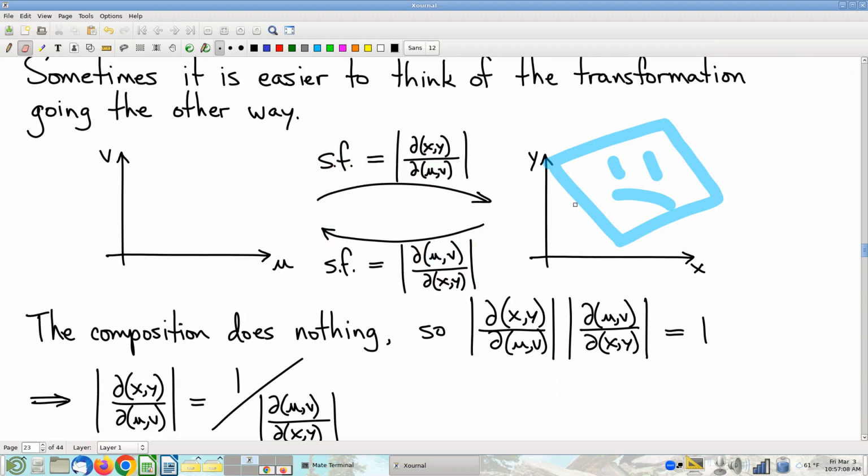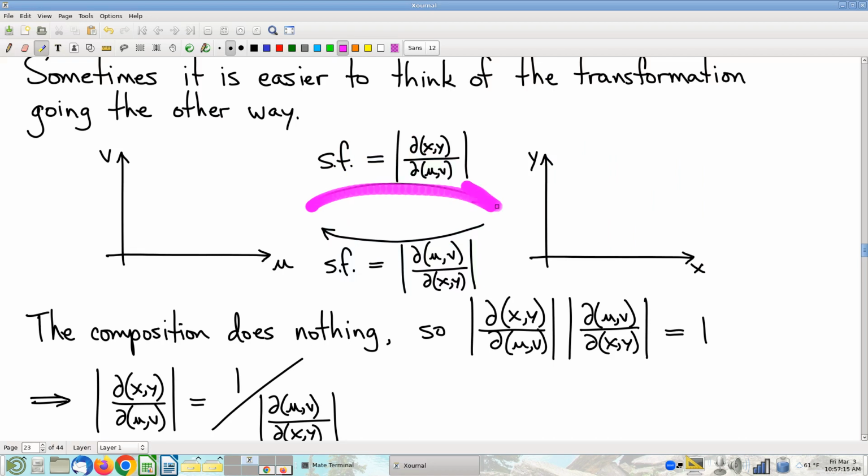So how do you deal with that if that's the case? Well, I'm going to point out first that if you look at this function, x and y are functions of u and v, and as a change of variables function, there's the stretching factor. And if you then instead look at this function, now forget about what's happening up here. Forget about the original integral that you had. Just think of, we have output variables, now u and v.